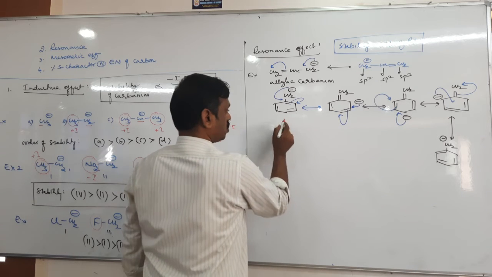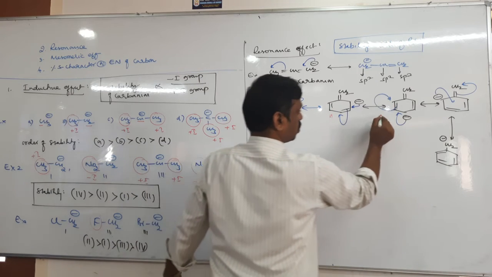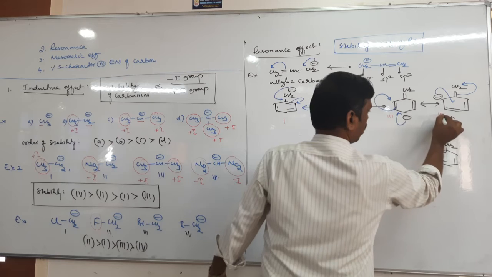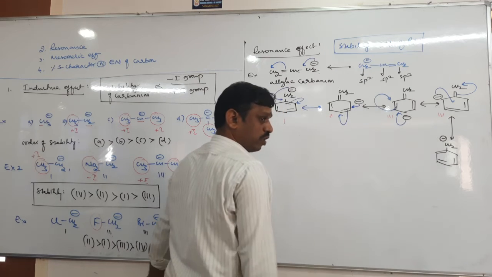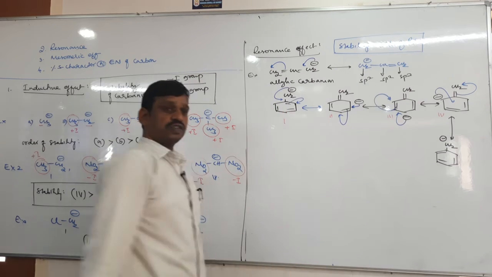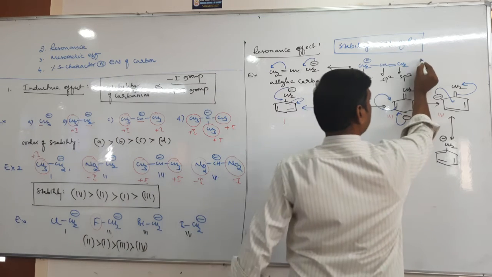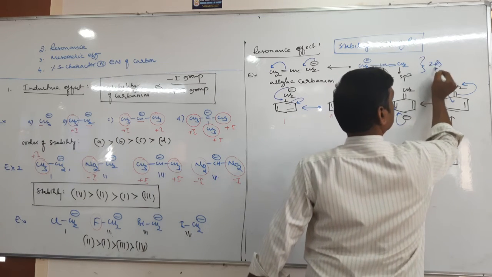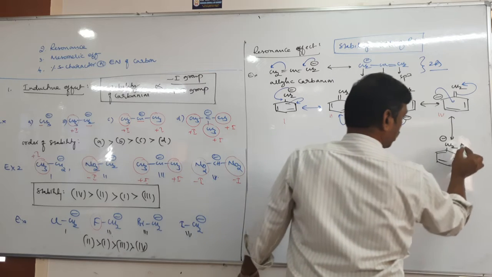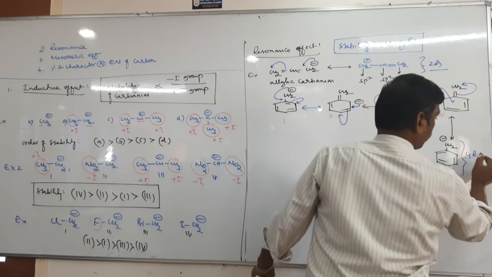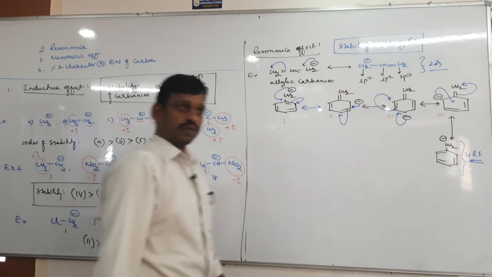Okay, this is 1, it is 2, it is 3, it is 4. Then what about the last one? It is equal to the first. Therefore, allylic can form only 2 RS. Then what about benzylic? It forms a total of 4 resonance structures.